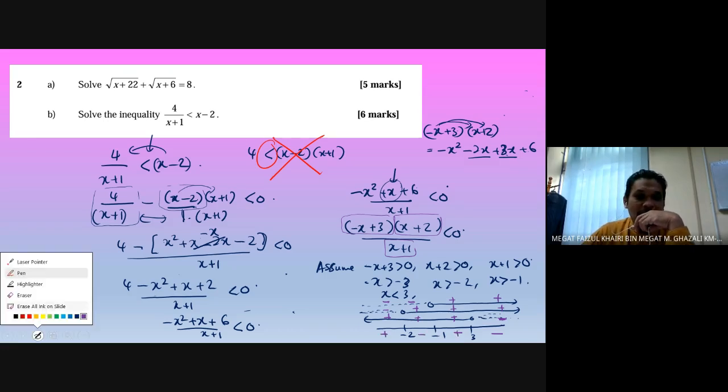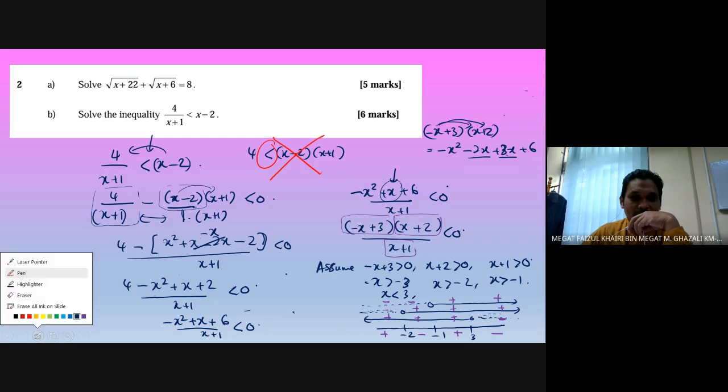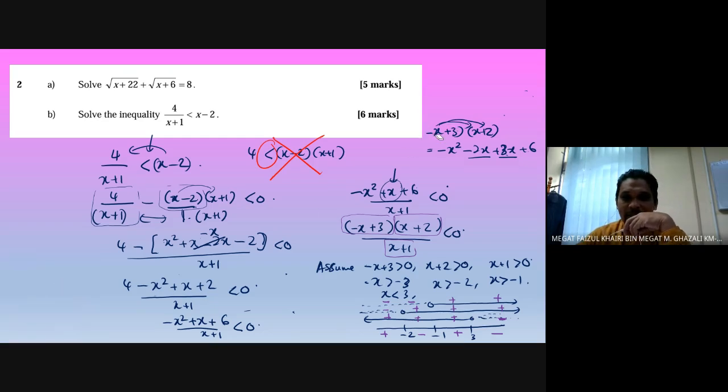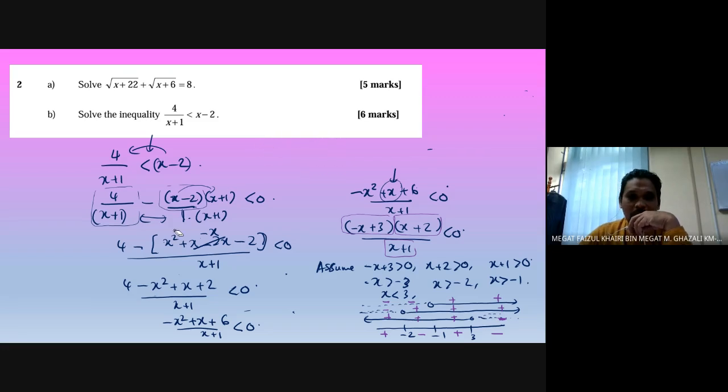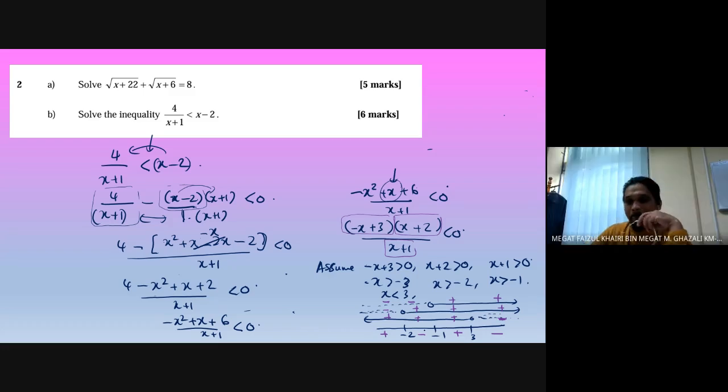So now class, we are almost at the end of the solution for this question. Then we need to decide what is our solution set. Are we going to take the positive area or negative area? Tell me, guys. What is our solution set? Negative. Okay, why? Correct, but then why?